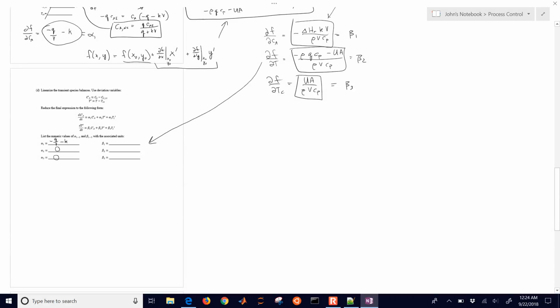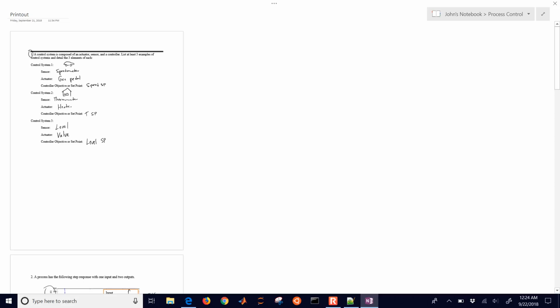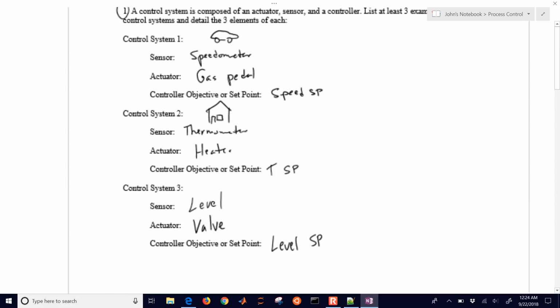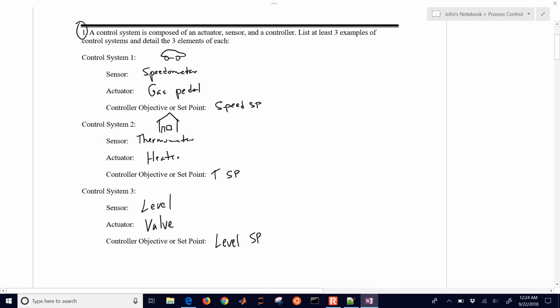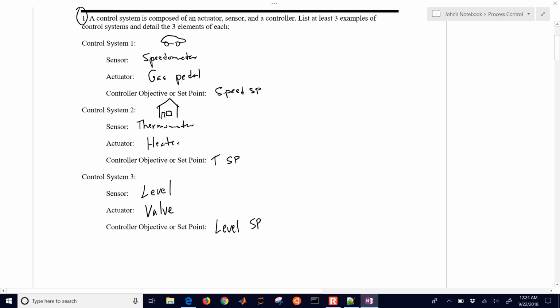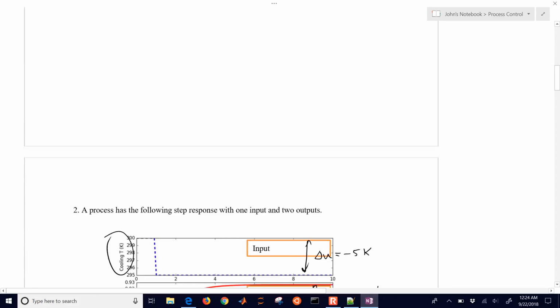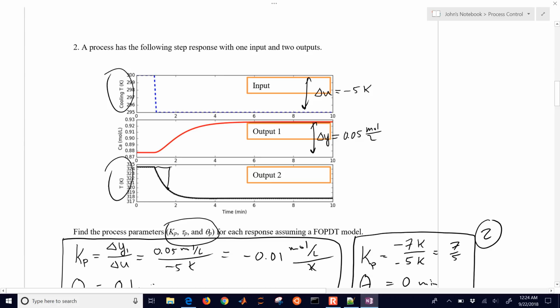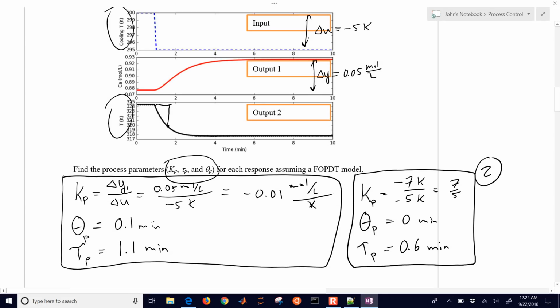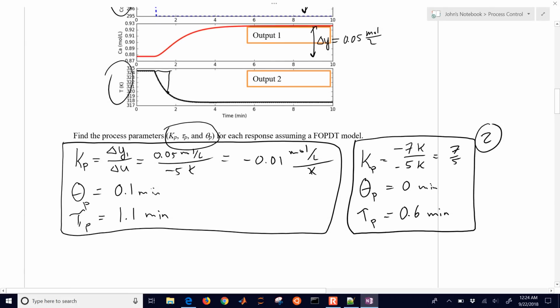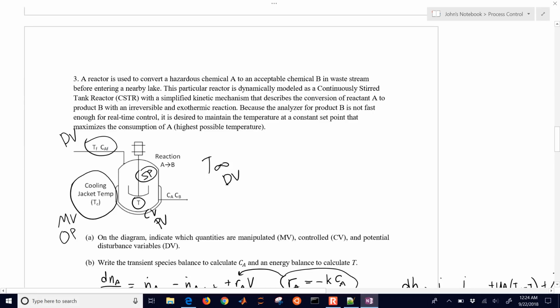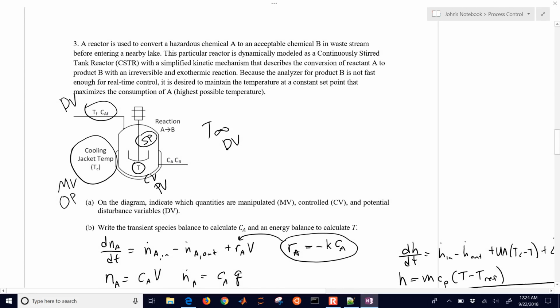Again, just to review, we started off doing some control system terminology in terms of the actuator, sensor, and controller, identifying those for a control system. For feedback control, we did an empirical model identification with 1 input and 2 outputs, and we identified the Kp, theta p, and tau p for each of those. And then we also developed a model from first principles.